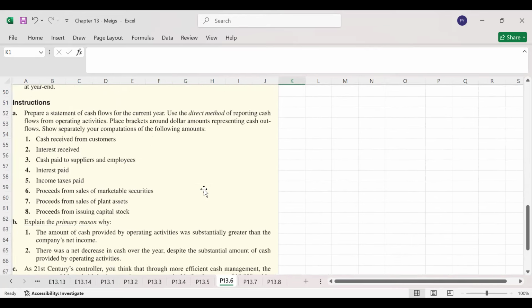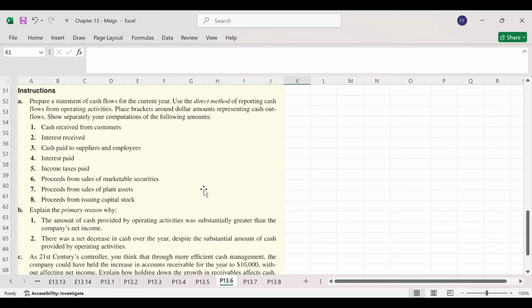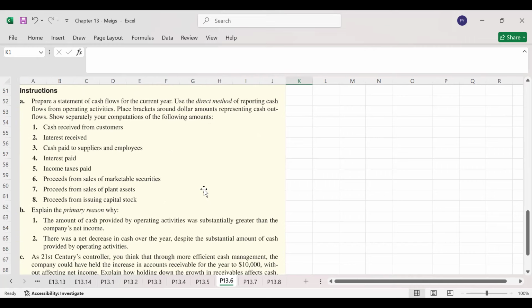Then there are instructions. For requirement A, a cash flow statement is required using the direct method for reporting cash flows from operating activities. And these are supporting calculations or workings from requirement number 1 to requirement number 8. You can see cash received from customers, interest received, cash paid, and so on, and show separately your computation of the following amounts.